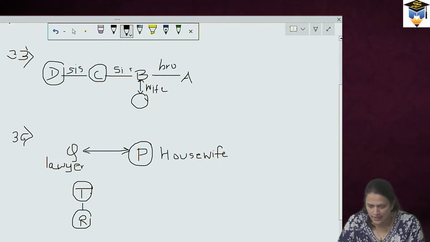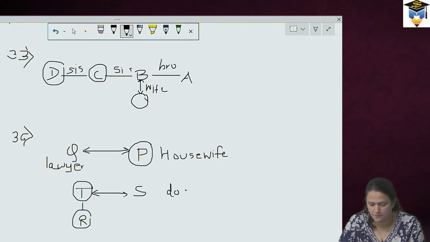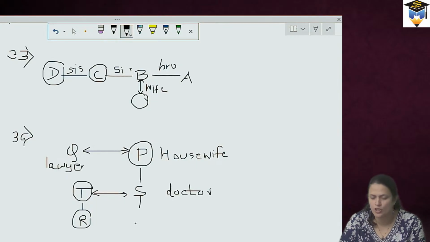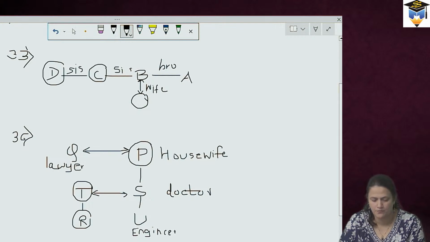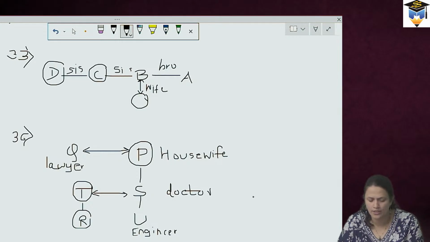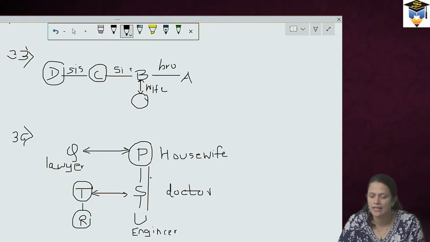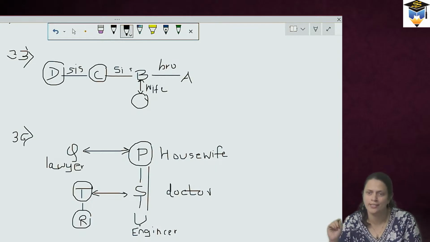Now T is married to S, who is a doctor, and the grandson of P is U, who is a male engineer. So check whether everything is covered now. Yes, this relation is also given to us between these two, and that is grandson. So P has a grandson named U, who is an engineer.